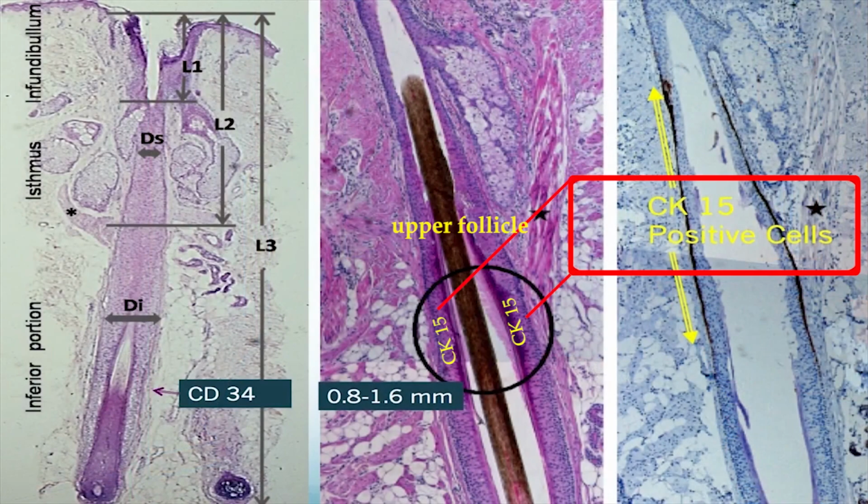For example, the CK15 positive stem cells are located approximately 0.8 millimeters to 1.6 millimeters below the surface of the skin along the hair follicle, and the CD34 follicle stem cells are located more at the bulb or the base of the follicle.